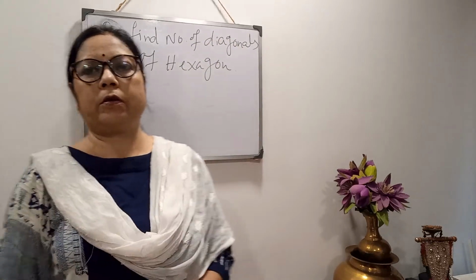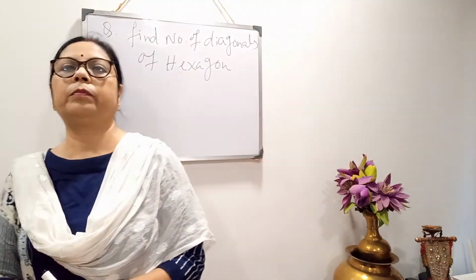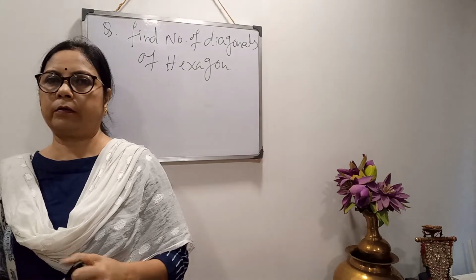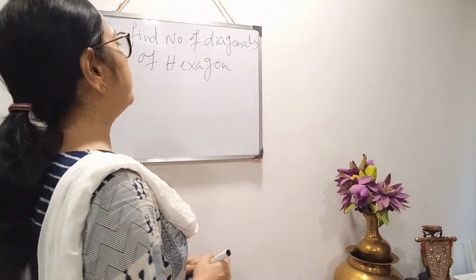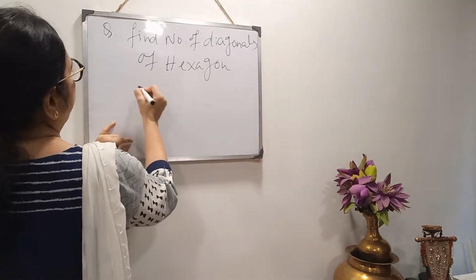So at first, to solve this you have to know what a hexagon is. Hexagon means number of sides 6.